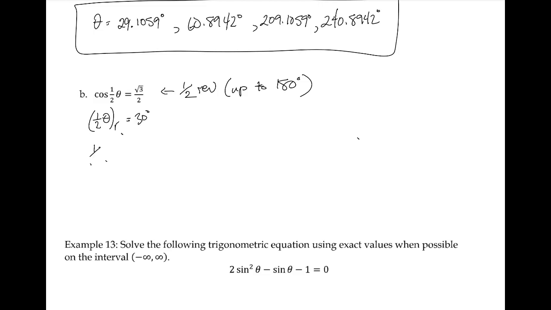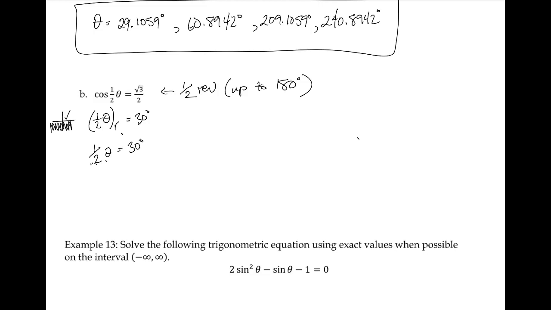And so then 1/2 theta, and again, we need to consider when is cosine positive. It's positive in 1 and 4, but we don't care about the bottom because we're only doing half a revolution. So we're only caring about quadrant 1. So I would only expect one solution, which is 30 degrees.